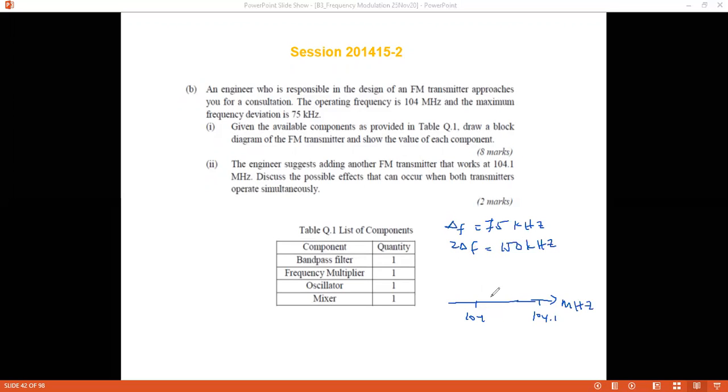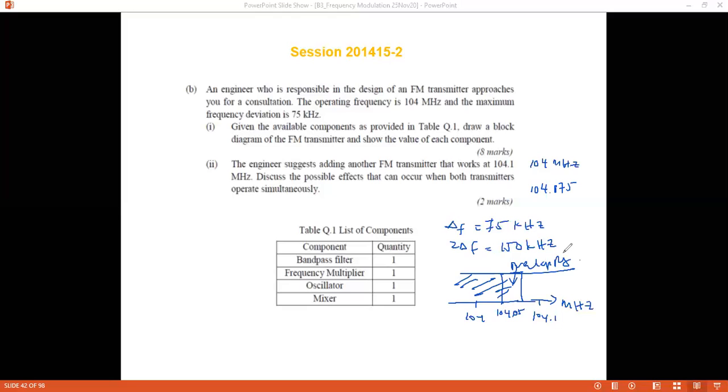Obviously, if the difference is just 100 kilohertz, the spectra will extend into each other. The first channel extends up to here, and the next one also, like this, so we have this overlapping.